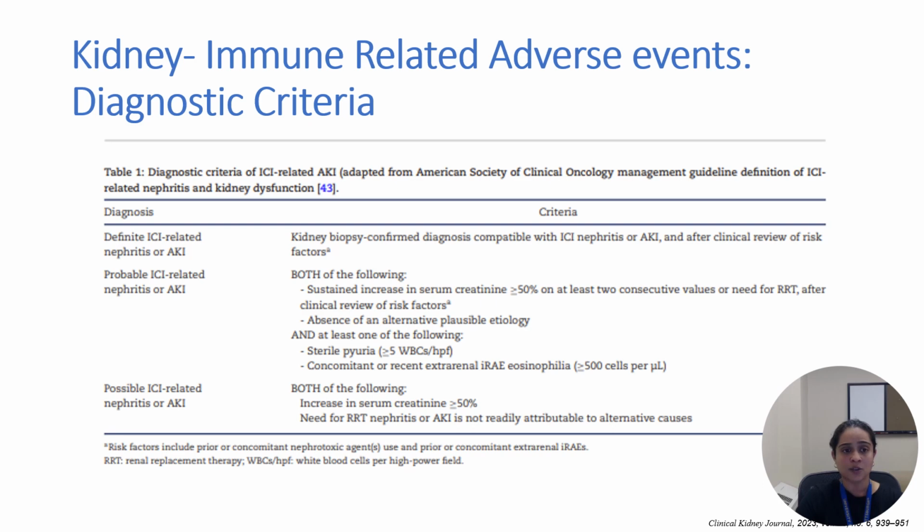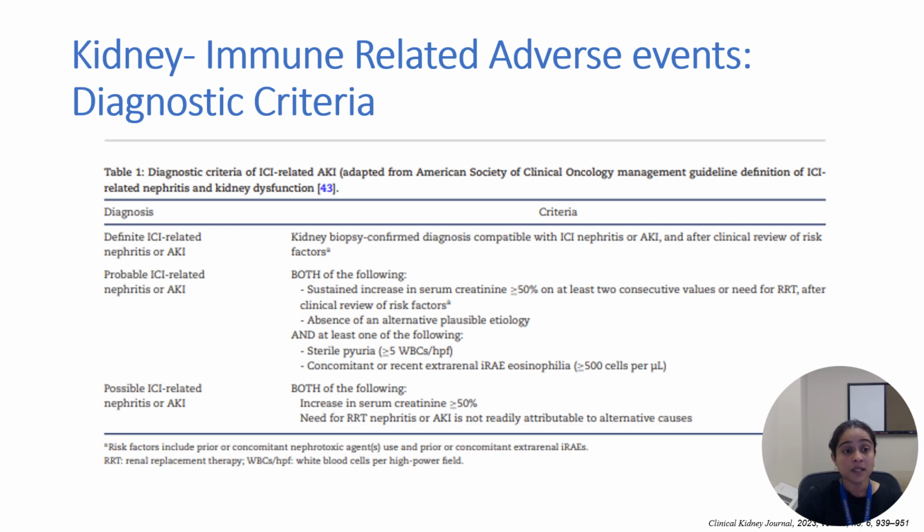Now, what is the diagnostic criteria? Biopsy may not always be possible in these patients. However, the definitive diagnosis of checkpoint inhibitor-related nephritis can be made after a kidney biopsy is performed. But we now know that we can establish possible or probable diagnoses with some clinical features with some confidence.